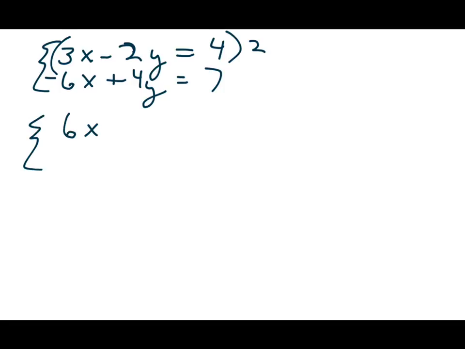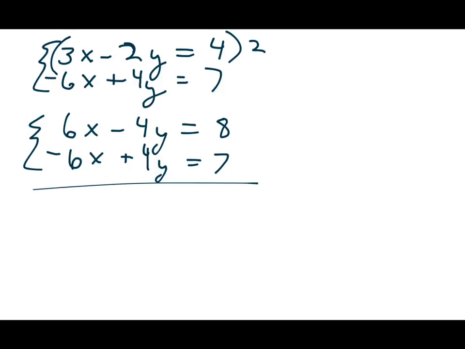I get 6x minus 4y equals 8. On the bottom, it stays the same. And look what happens. When I add them together, everything on the left goes away, and this gives me 15. Now, does 0 equal 15? No. If we have a not true statement, that means that these equations don't balance out.